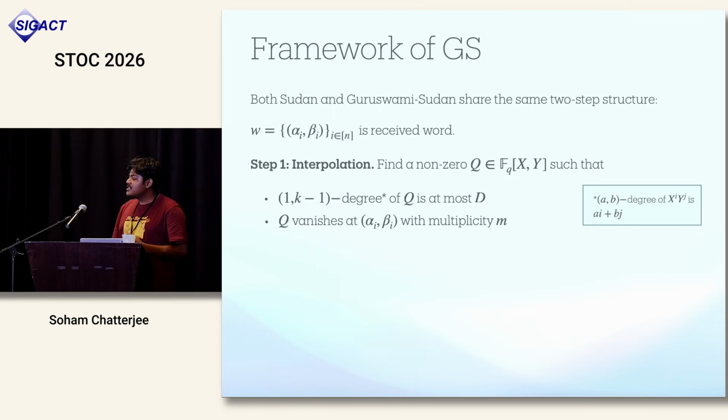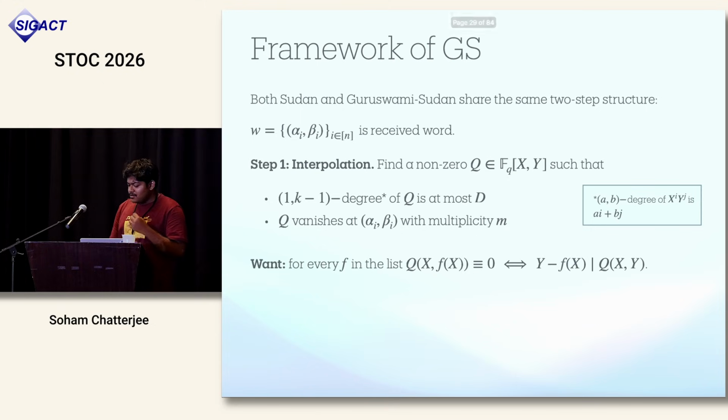The next constraint is that Q vanishes at all the points (alpha i, beta i) with some multiplicity. You set the parameters so that the (1, k minus 1) degree is at most d, and the multiplicity m, these two parameters, are set in such a way that for every polynomial in the list, which is close enough to the received word, Q(x, f(x)) is identically 0.